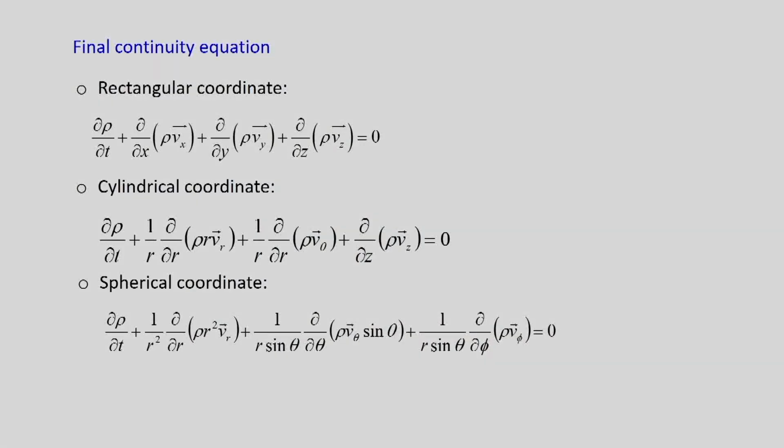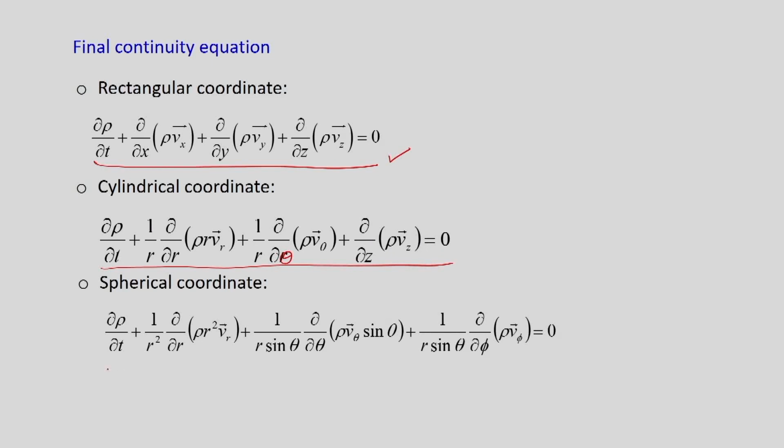This is how one can derive the continuity equation in Cartesian coordinates, and it is given here once again. Similarly, one can develop these equations in the cylindrical and spherical coordinate systems also. In cylindrical coordinates, the continuity equation is dou rho by dou t plus 1 by r dou by dou r of rho r v r plus 1 by r dou by dou theta of rho v theta plus dou by dou z of rho v z is equal to 0.